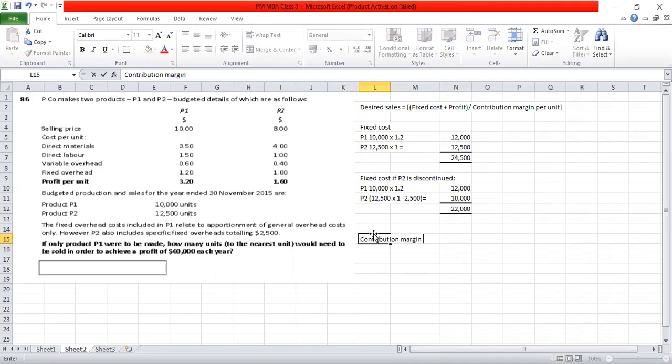Since there is only P1, only for P1 we have to calculate. The total amount of variable cost is 3.5 plus 1.5 plus 0.6. There are three items of variable cost.